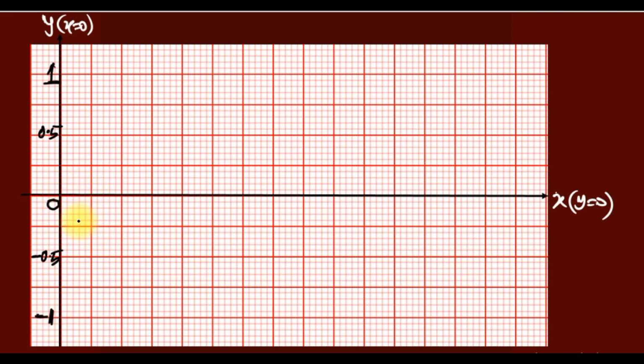For x, we are moving in intervals of 30, so we have 30, 60, 90, 120, 150, 180, 210, 240, 270, 300, 330, and 360.